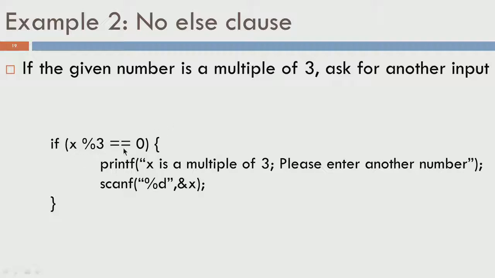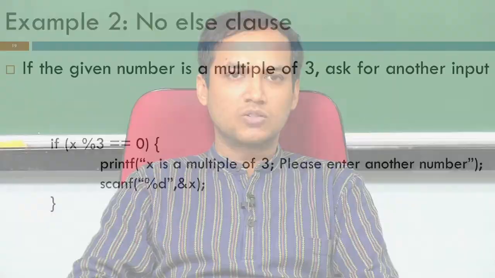So, if x % 3 == 0, then the then block is between this brace and this brace. printf x is a multiple of 3, please enter another number. So, you are prompting the user to enter another number. Since the user is expected to enter another number, you have to scan it, scanf %d &x.